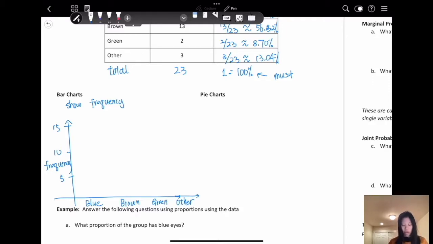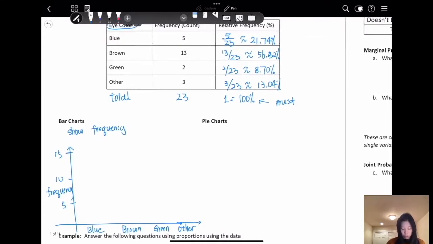So now take a look. How do we draw the bar chart? How many blue eyes do we have? We count it as 5. And then for brown eyes, we have 13, which is approximately here. And then for green eyes, we have 2, and the 3 others are slightly higher than green eyes but less than blue eyes.